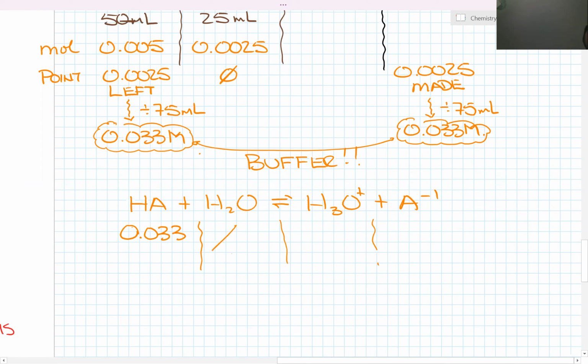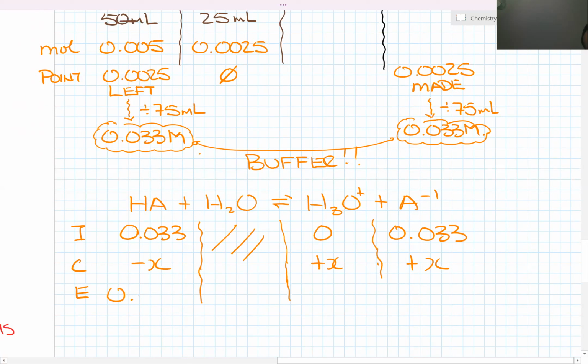Here would be nothing, here would be 0. This would be 0.033. And remember, we have our ICE: minus x, plus x, plus x. This would be 0.033 minus x. This would be x. This would be 0.033 plus x.